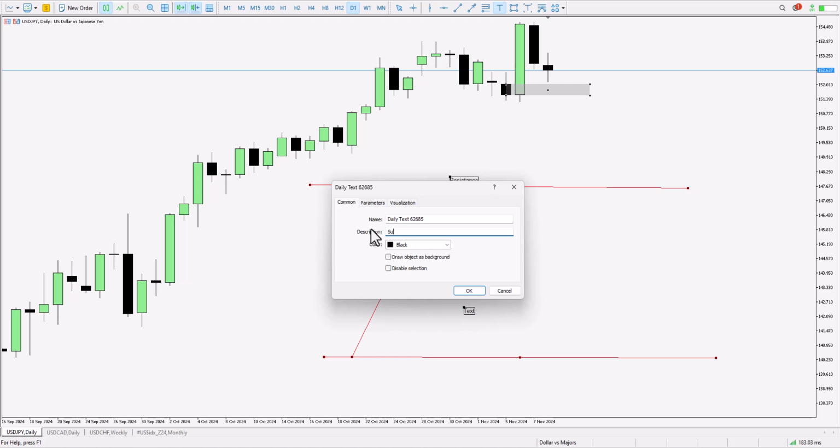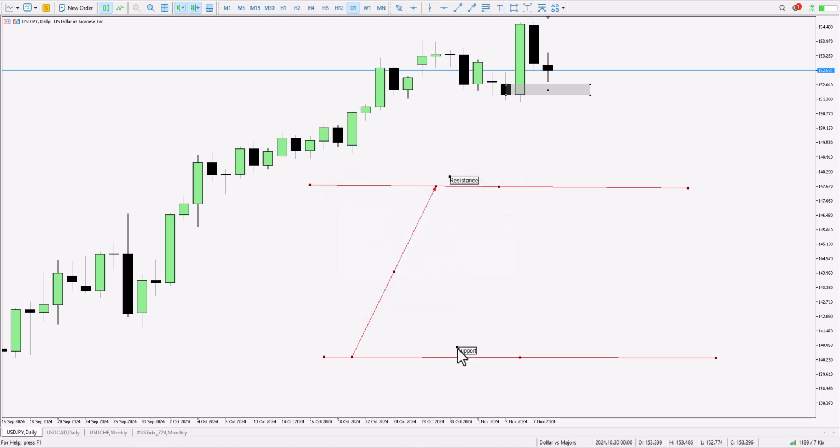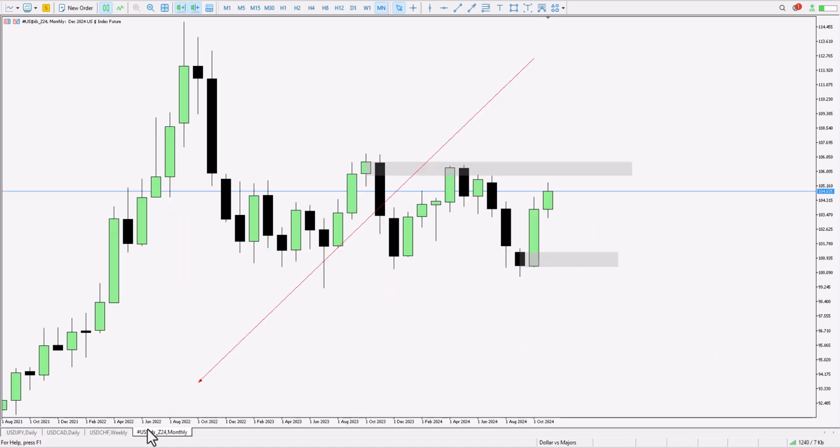And then this becomes support, right? So you probably have, say, a demand zone here, and you're probably going to have a supply zone there. Once price reaches that supply zone, you expect resistance for a push to the downside. Once price reaches the demand zone, you expect it to find support for a push to the upside. You see?